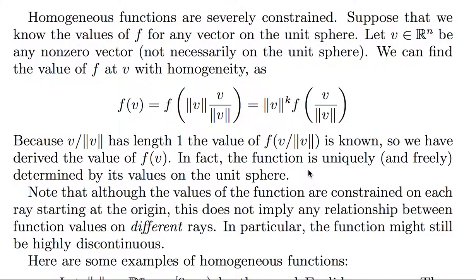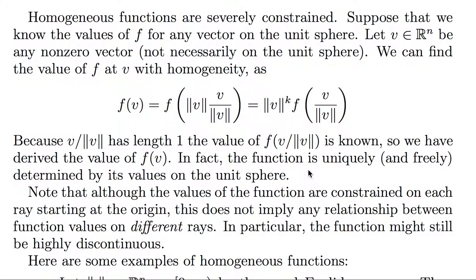We can find the value of f at v with homogeneity: f of v is the same as f of norm of v times v over norm of v, which is equal to norm of v to the k times f of v over norm of v. Because v over norm of v has length 1, the value of f of v over norm v is known, so we have derived the value of f of v. In fact, the function is uniquely and freely determined by its values on the unit sphere.